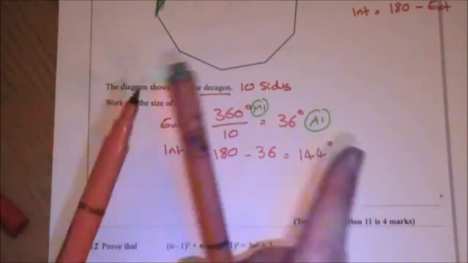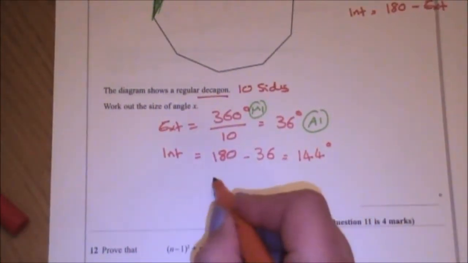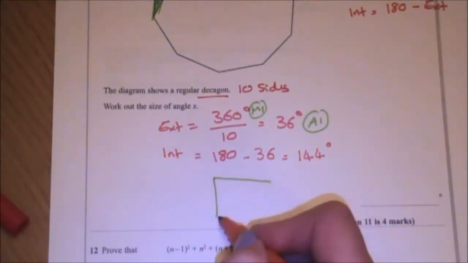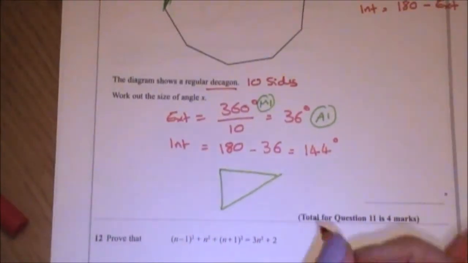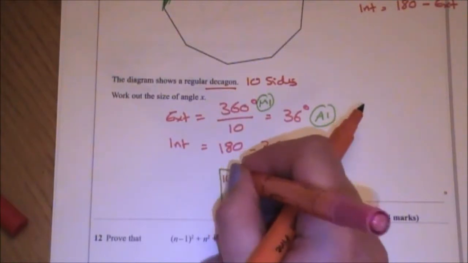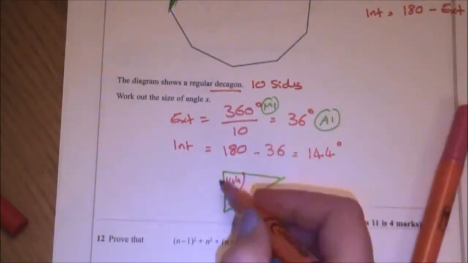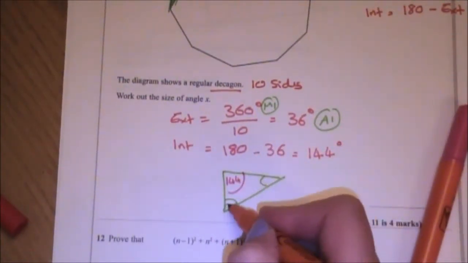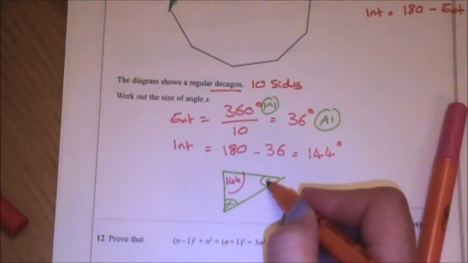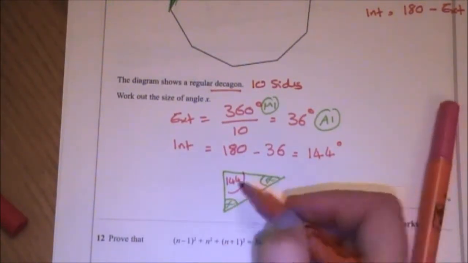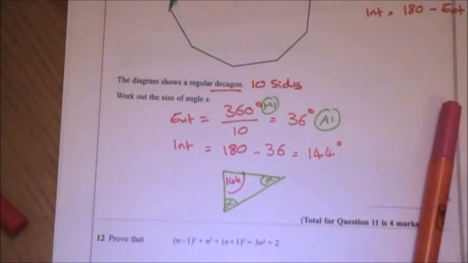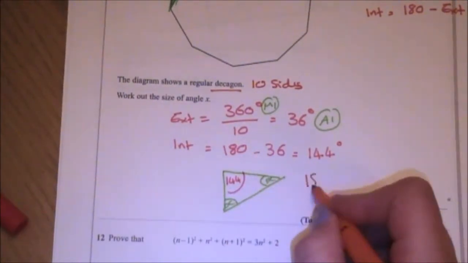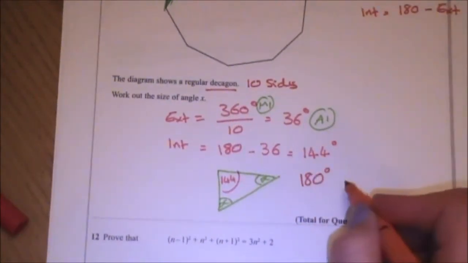Now I'm going to just draw it out a little bigger down here. What I've ended up with is an isosceles triangle where that is 144 degrees and that angle are called X and they're equal. So a triangle is made up of 180 degrees.